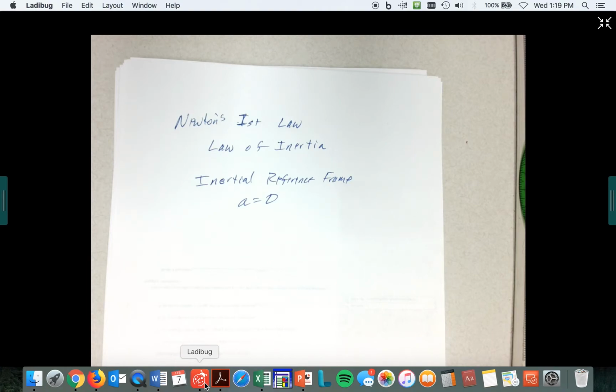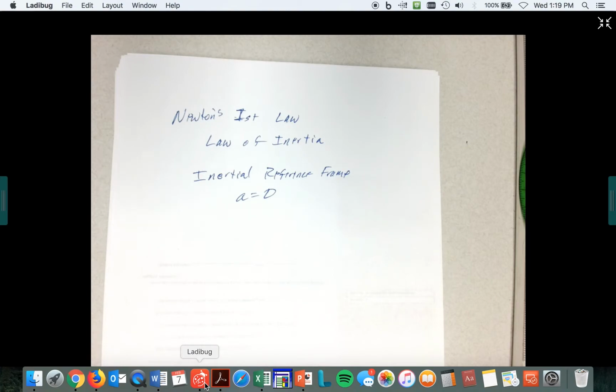Deep dark space has no acceleration. Maybe it does, because dark matter seems to be spreading it out. But for our purposes, for Newton's purposes, an inertial reference frame means the acceleration is equal to 0.